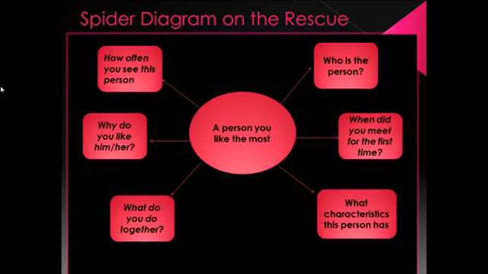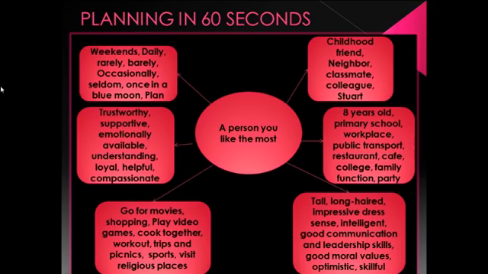What was our first question? Who is the person? Okay. So the basic topic that is being asked about forms the center of your spider diagram: a person you like the most. Who this person is? Childhood friend. It could be your childhood friend, your neighbour, someone studying in your class, a classmate, or a colleague. If you are not currently studying, you can say that this person used to be my classmate, or used to be my colleague, in case your workplace has changed.